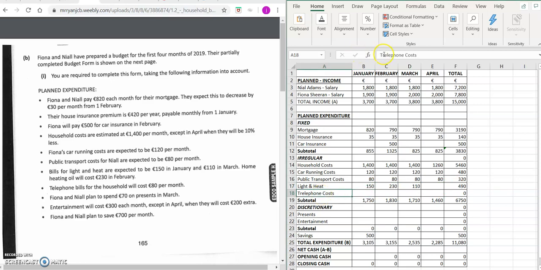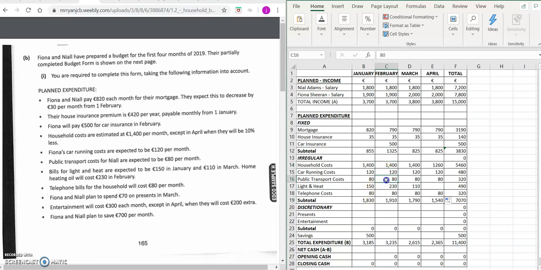Your telephone then will be 80 per month. I think there's an error in the papers themselves in relation to that, so I'll just fix that. And then you're going to add up these four, just this section, to get your subtotal. So 1,400, 120, 80, 150, and 80 gives us 1,830.